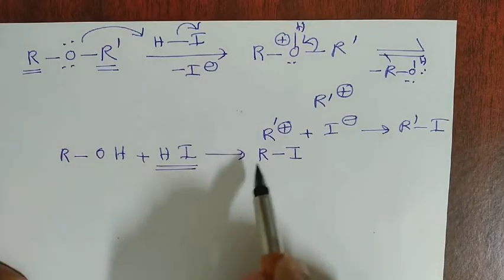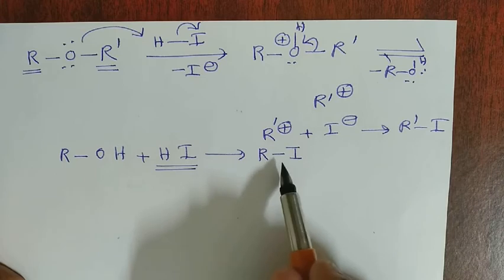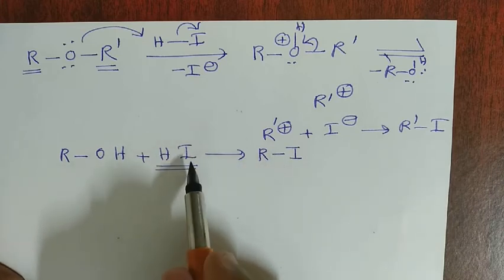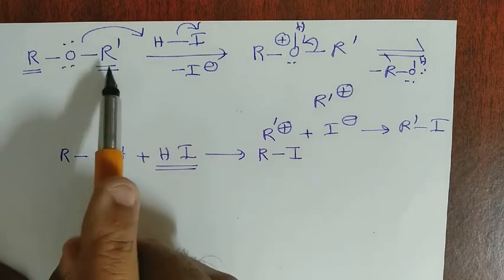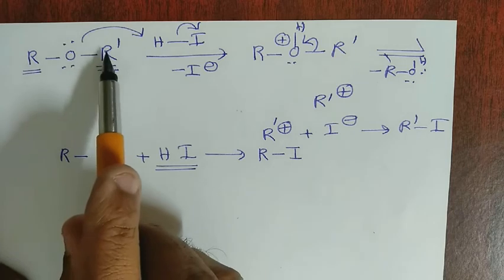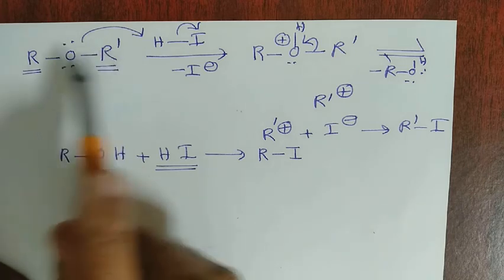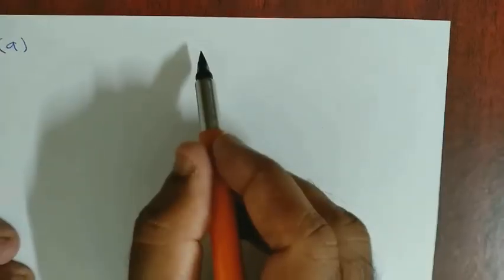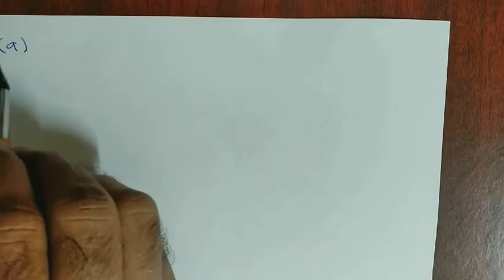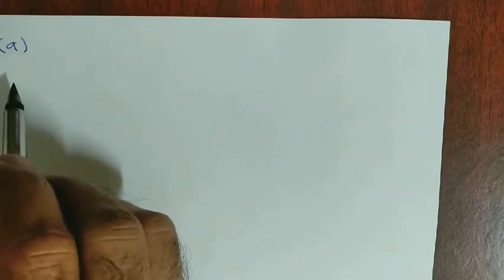That is, the nature of product formed depends on the amount of HI used. The mechanism of cleavage depends upon the nature of groups bonded to the oxygen atom. The cleavage reactions of ethers can be classified into the following types.